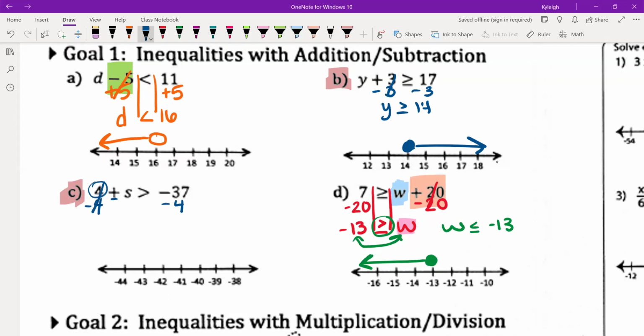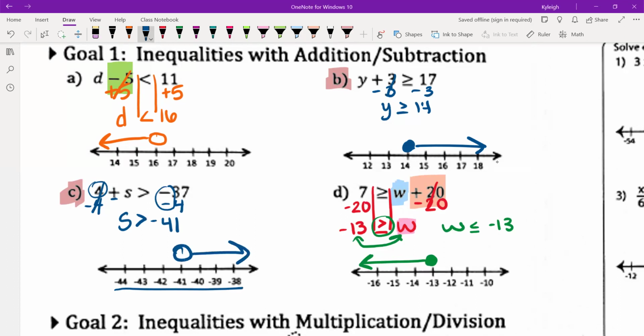That's why we're subtracting. S stays, these are both negative. So that could have been another thing you went wrong with. And it should have been -41. You could have also noticed that none of those go past -38. Okay, open circle going that way.